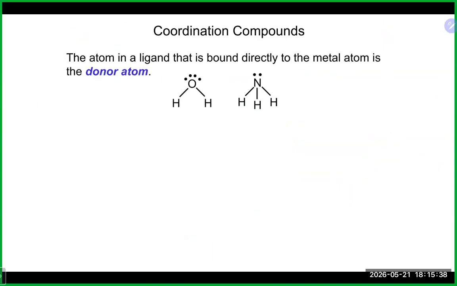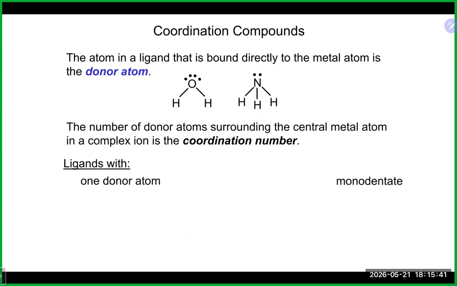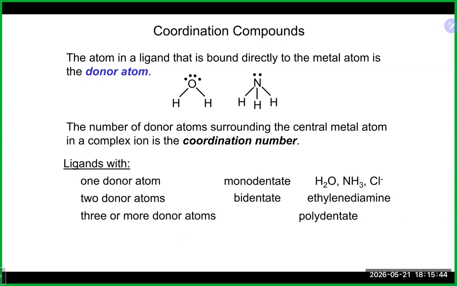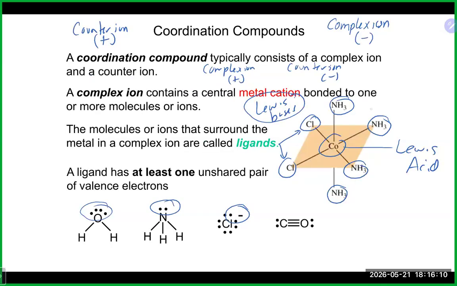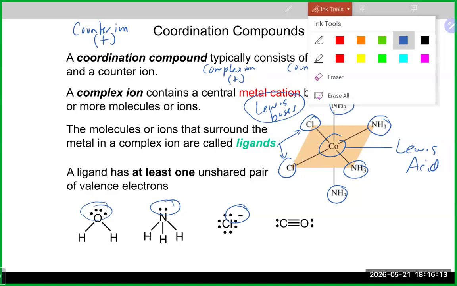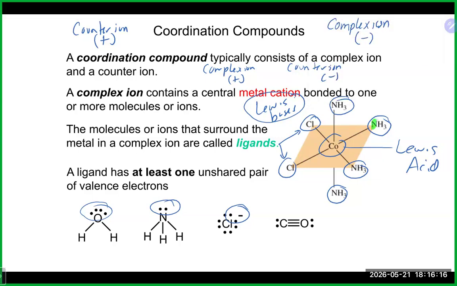Now, a ligand has a donor atom that is directly attached to the metal in the complex ion. The number of atoms directly attached to the metal in a complex ion is known as the coordination number. If we take a look at the example on the previous slide, this nitrogen is directly attached to the cobalt, and this nitrogen is directly attached to the cobalt.